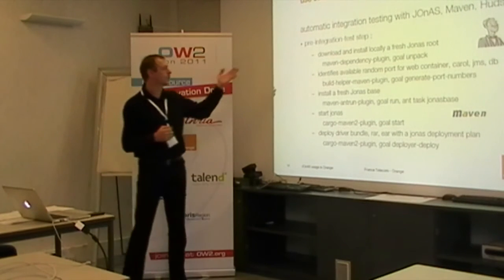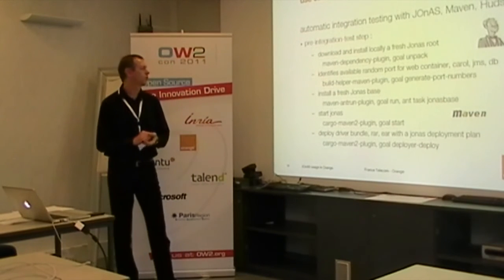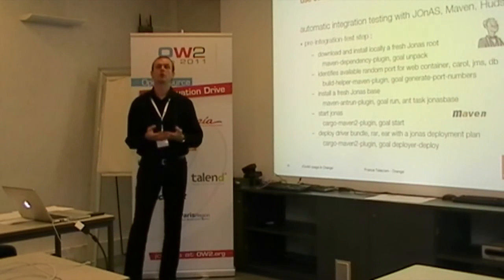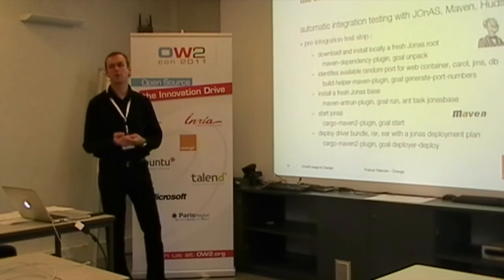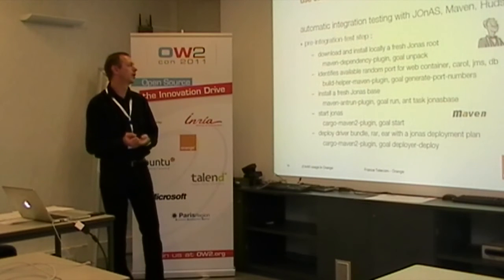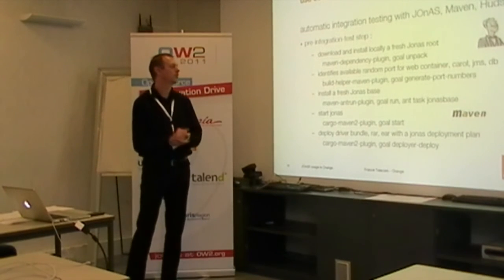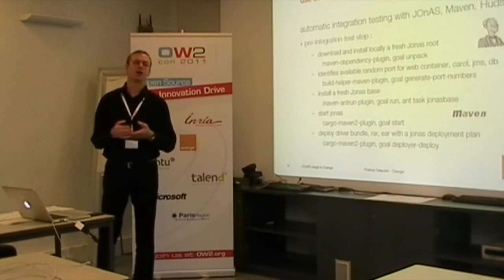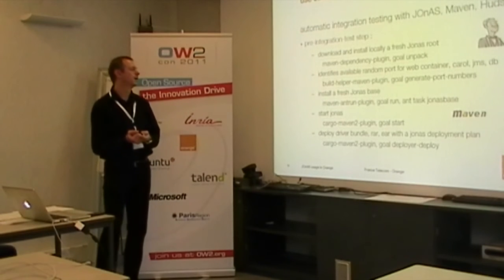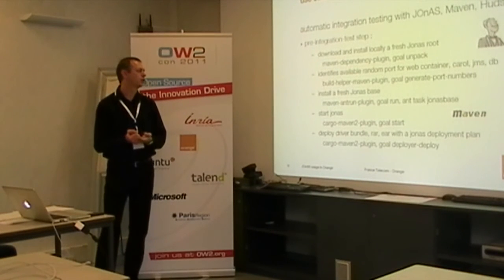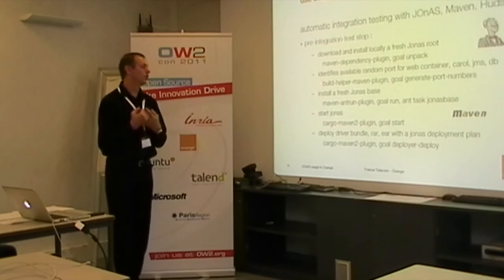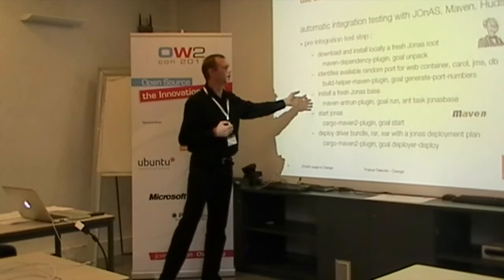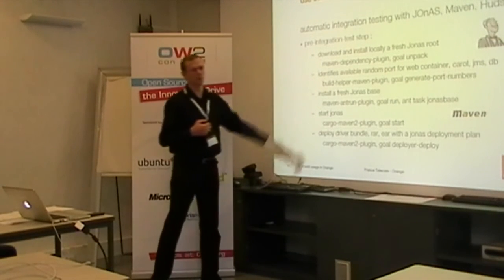So JOnAS is installed. We use another Maven plugin, build helper Maven plugin, to automatically generate available port numbers. So we identify these port numbers for the web container, for JMS, for the in-memory database, and so on. And then we use the Maven JOnAS plugin to generate a JOnAS base, so an instance of JOnAS which will listen on all these ports.